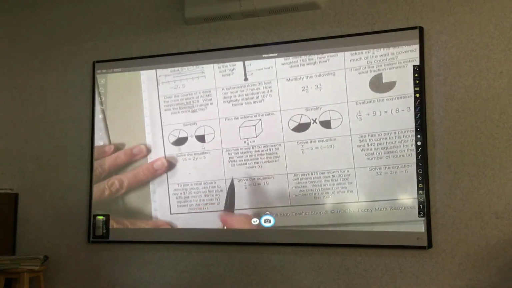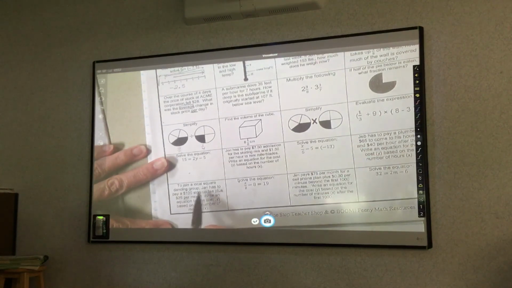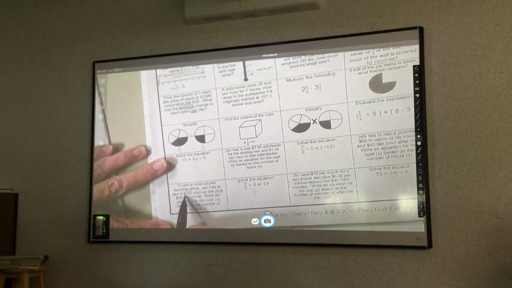To join a local square dancing program, Jan has to pay a $100 sign-up fee plus $25 per month. Write an equation for the cost y based on the number of months. So I'm writing an equation. So I have a startup fee of $100. Then that word plus.